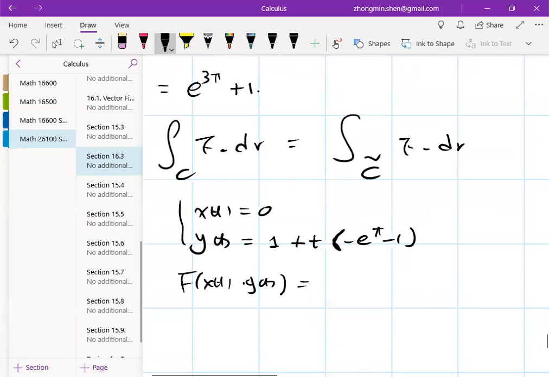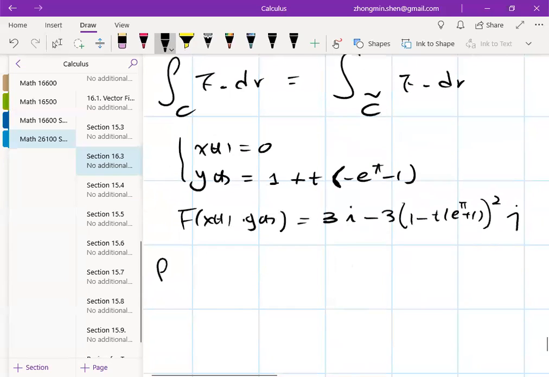So this is going to be constant 3i, because x is 0, minus 3 y squared. Y squared is going to be this, 1 minus t times (e to the pi plus 1), squared, and j. But that's a much simpler function than the previous one.